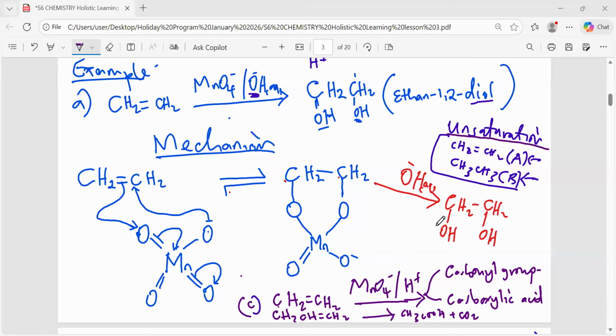In both acidified and alkaline, there is a change that is observed. Only that on one side we are forming a diol for alkaline, while on this side for acidified we are forming a carboxylic acid with strong oxidation. Which means we can use this reaction for testing for the unsaturation.